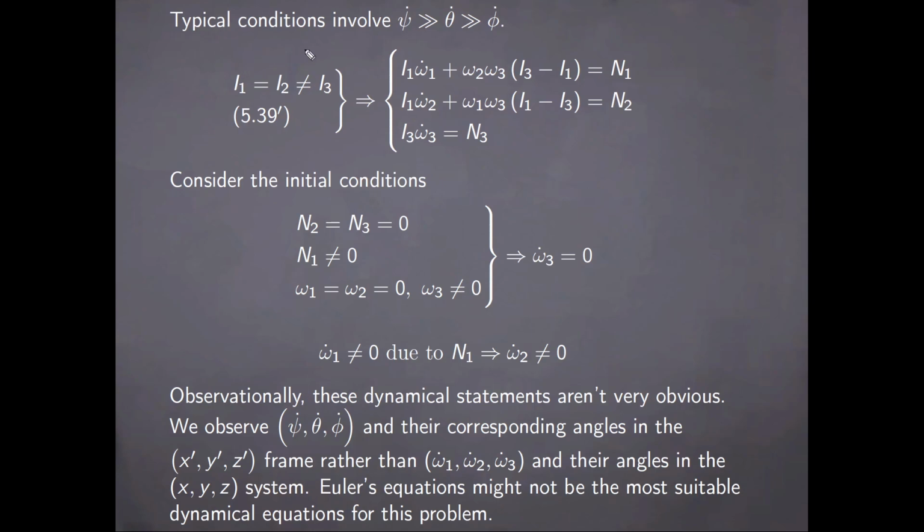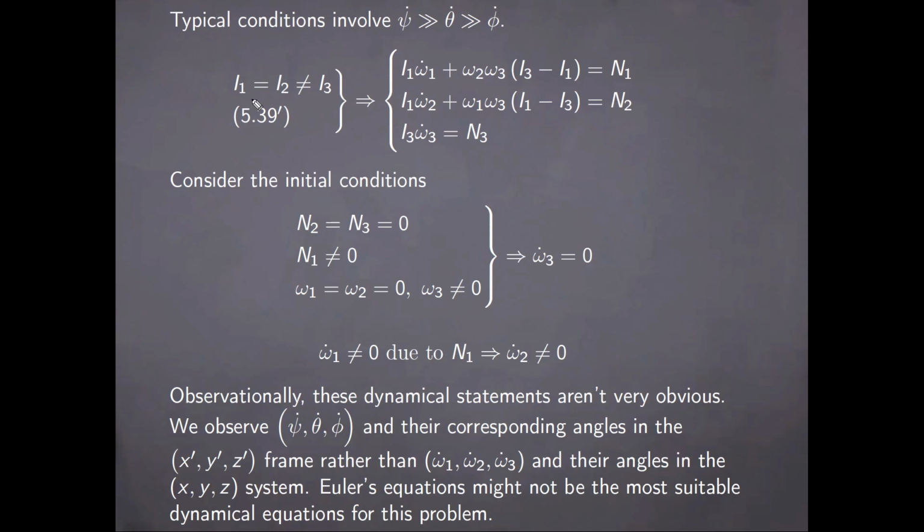Typical conditions that are valid in real-world applications are the ones where the spin velocity is much greater than the nutation frequency, which in turn is much greater than the precession rate.